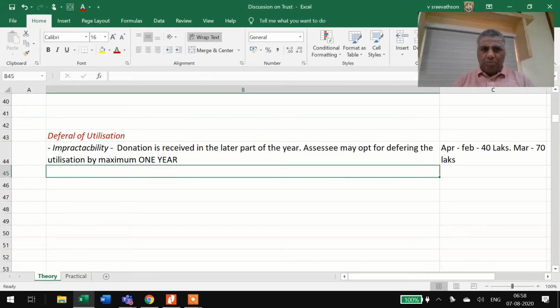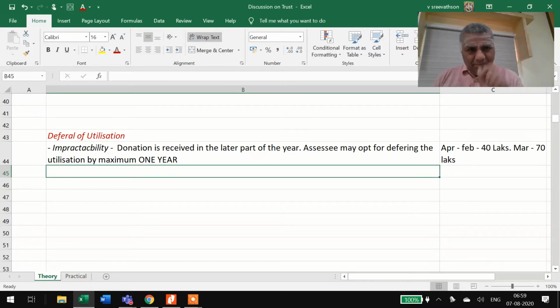It should be utilized in the next year. You can file an application saying, I am unable to use it immediately, please give me a deferral of 1 year. They will automatically grant you. Impracticability. This is the first deferral.